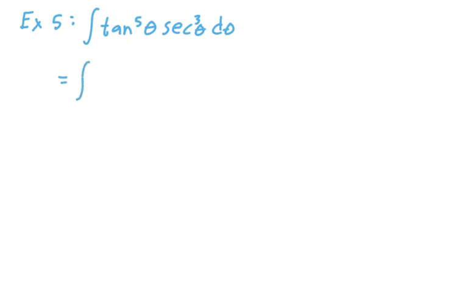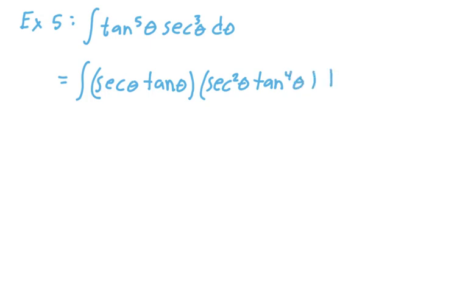I'm going to save off a secant theta tangent theta. Okay? Now, if I save off a secant theta tangent theta, in parentheses, I have secant squared theta tangent to the 4th theta d theta.